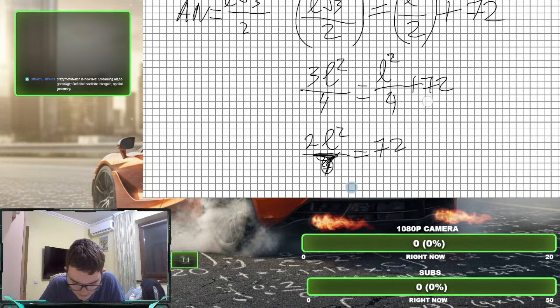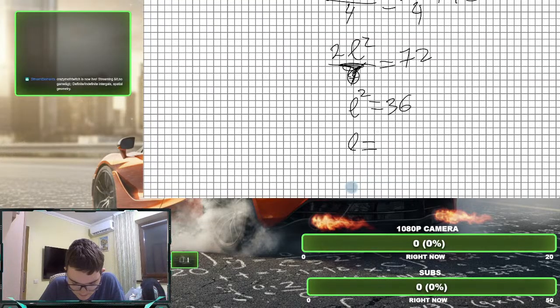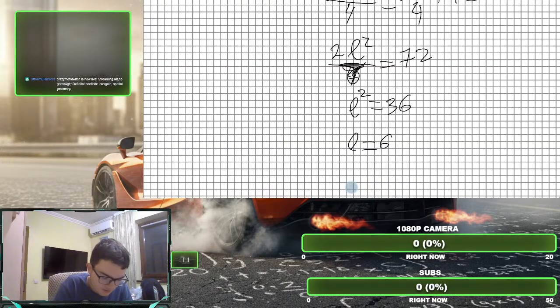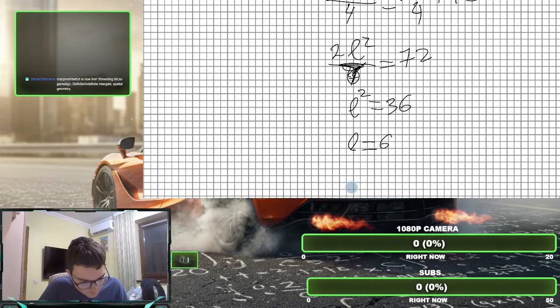And then L to the second power is 36 and L is 6. No, it's not, because it's 12 in my problem. What is wrong?